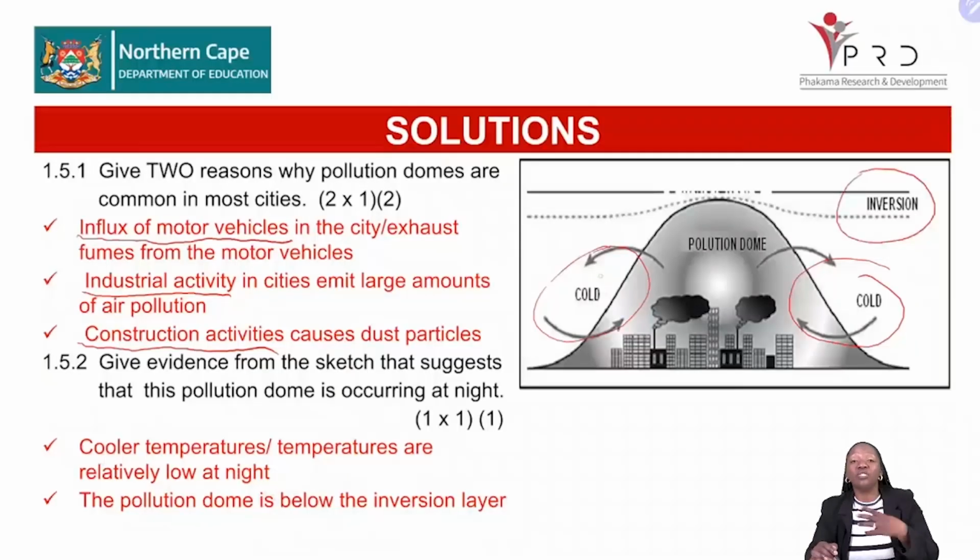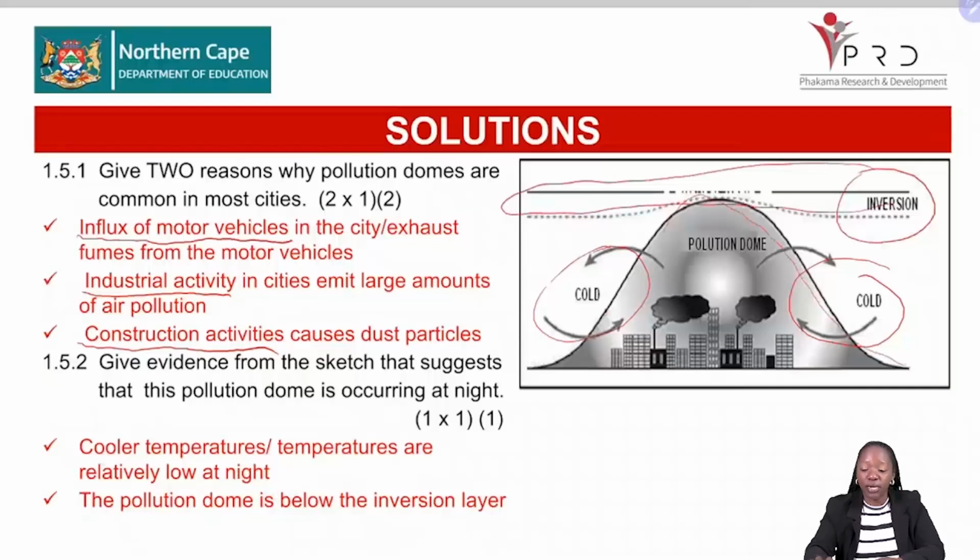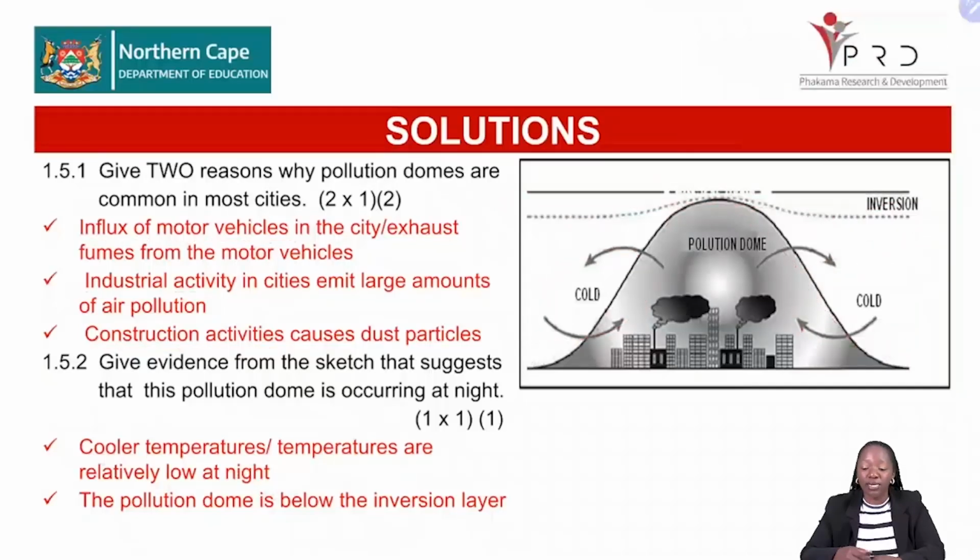Remember, we said you need to study the diagram and see what clues you can use in that diagram. Then again, the pollution dome is below the inversion layer. As you can see, there is an inversion layer here, and the pollution dome is below. Those are the reasons why it is at night. Remember, during the day, it is closer to the surface.